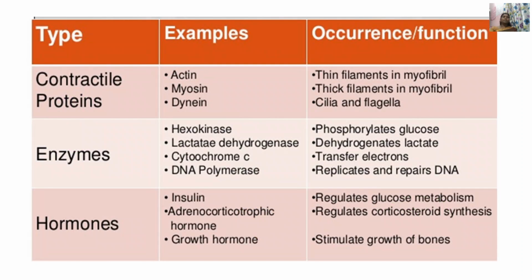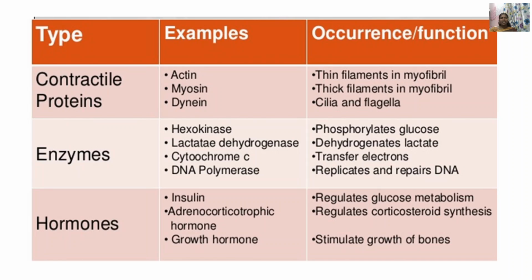So this table gives the different functions of proteins and their examples. Contractile proteins: actin, myosin and dynein. Actin performs contraction; it is a thin filament present in the myofibril. Myosin is a thick filament, also present in the myofibril, and dynein is present in cilia and flagella and helps in movement.